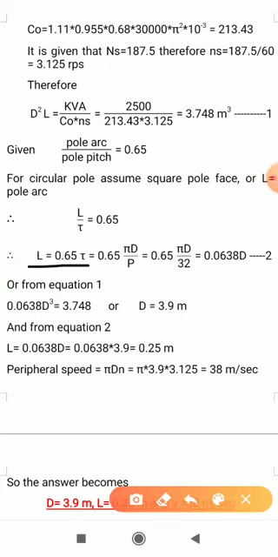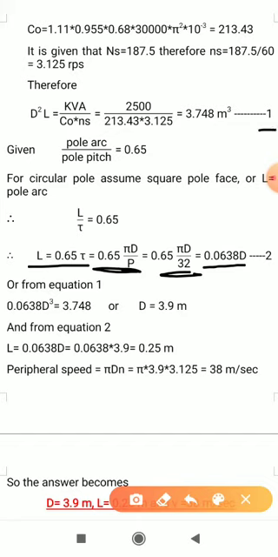As we know that the pole pitch tau is equal to pi d by p, so 0.65 into pi d by p, and if we calculate by inserting p equal to 32, we get L equal to 0.0638 d. Now this value of the L we will put in equation 1.